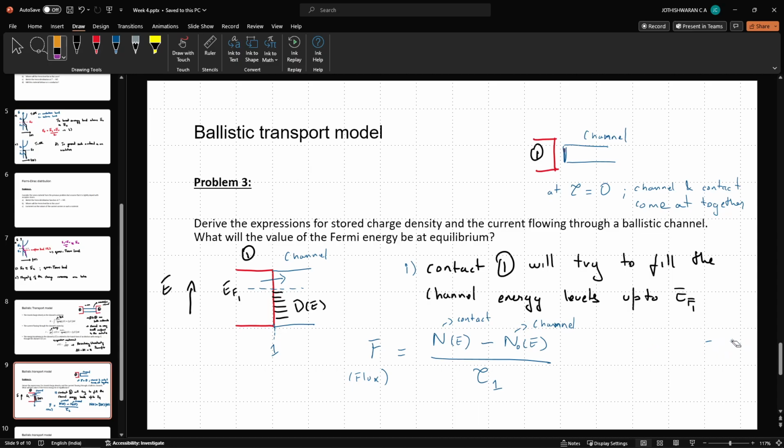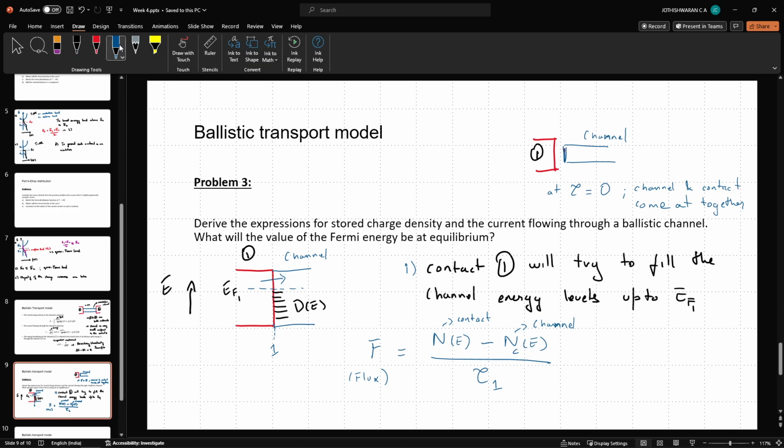Let me be accurate here. I will not call it N naught. Let me put the subscript C over here. So this is NC. NC denotes the charge carrier concentration in the channel.